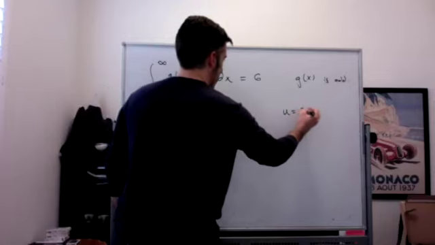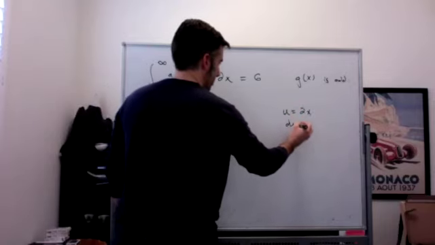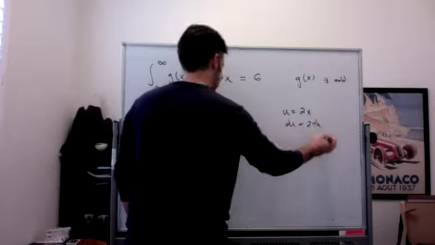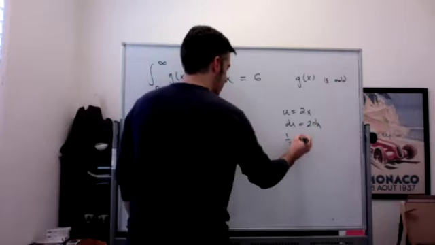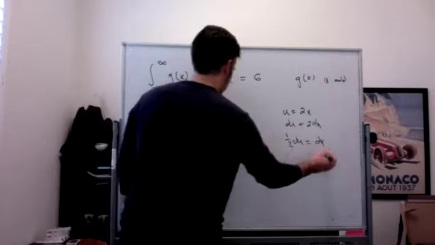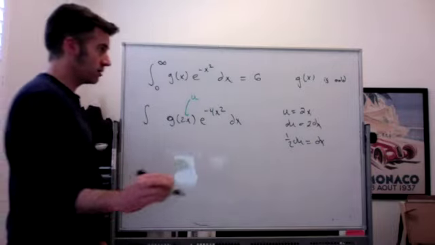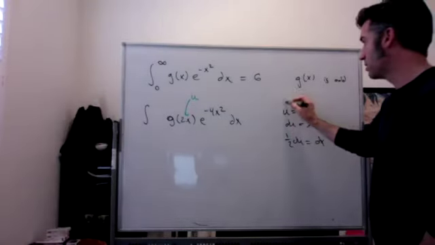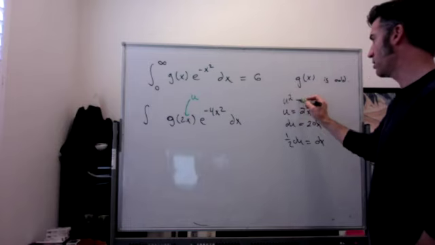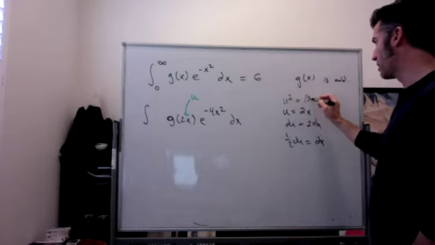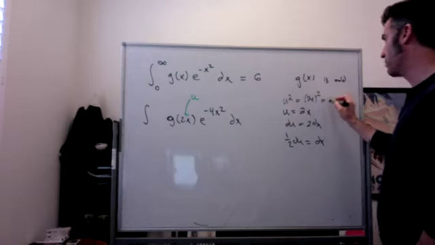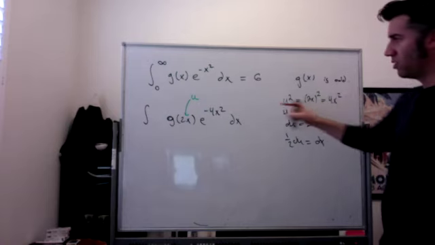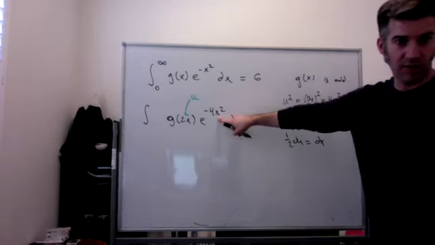So u is 2x, du is 2dx, so 1/2 du is equal to dx. And importantly, if u is equal to 2x, u squared is equal to 4x squared, which is exactly what we have here.